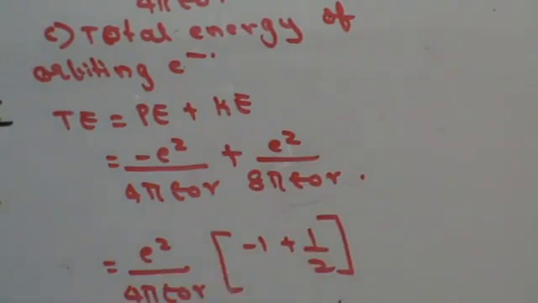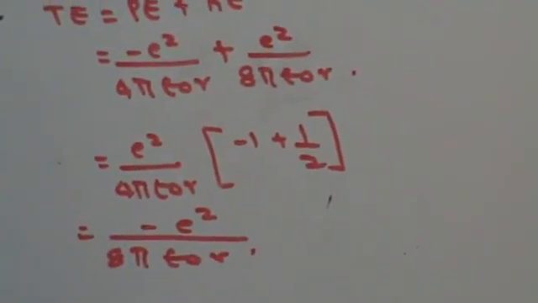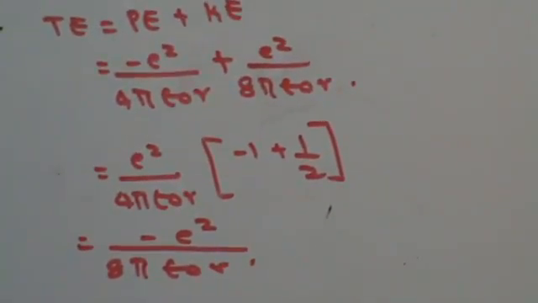Right? So this will give you minus 1 upon 2, so minus E square upon 8 pi epsilon 0 R. So the total energy of an orbiting electron is minus E square upon 8 pi epsilon 0 R.